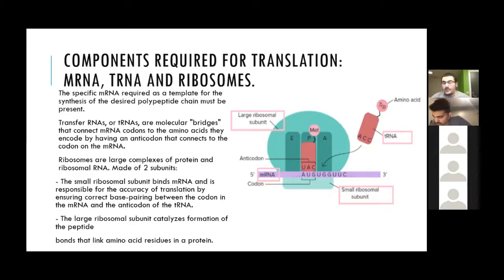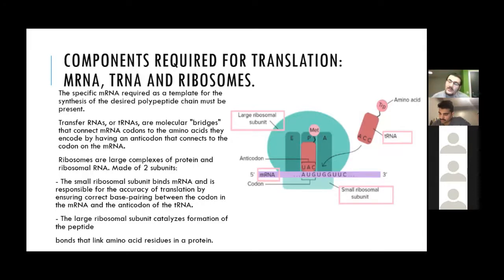And for ribosomes, you obviously have two subunits, the large subunit and the small subunit. The large ribosomal subunit is what catalyzes this reaction, makes this growing peptide chain, and links those amino acids together.